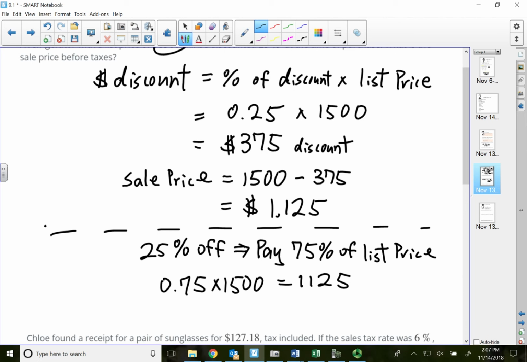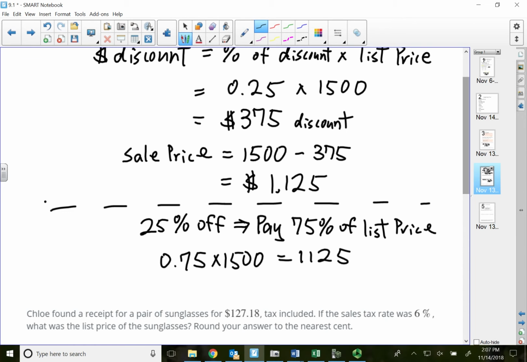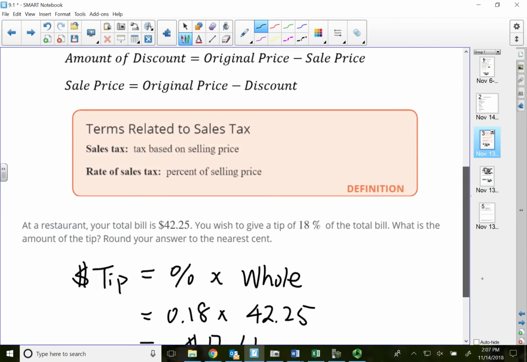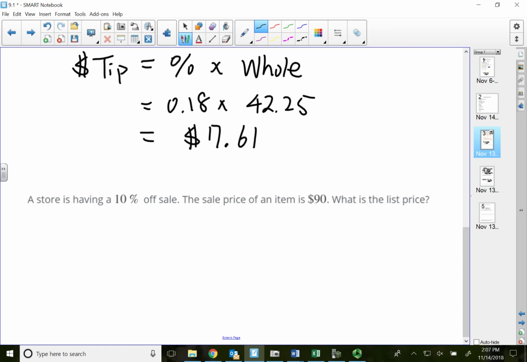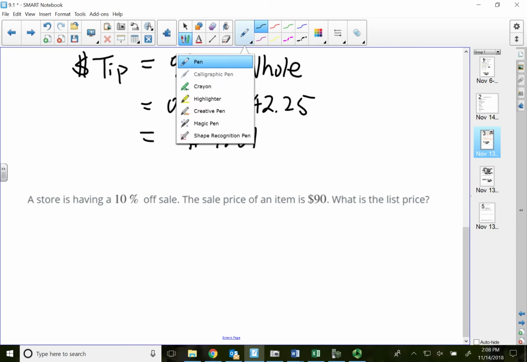All right, the reason why I'm explaining this problem using the second way is so we can do this particular problem. Let's go back to this particular example by saying a store is having a 10% off sale. The sale price of an item is $90. So $90 is the sale price. What does that mean?